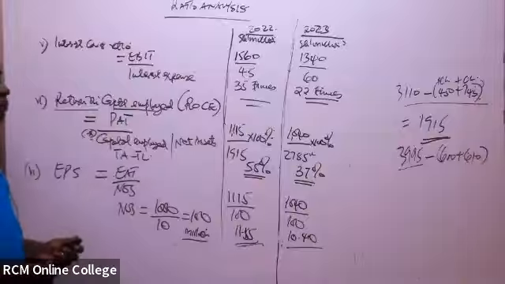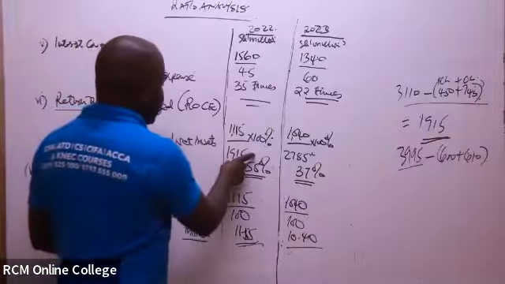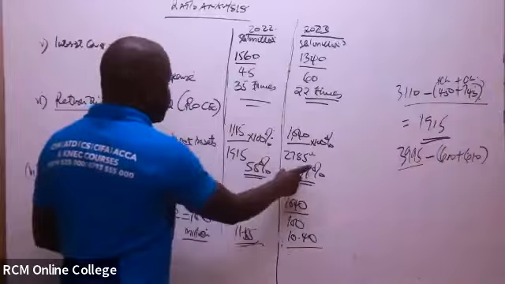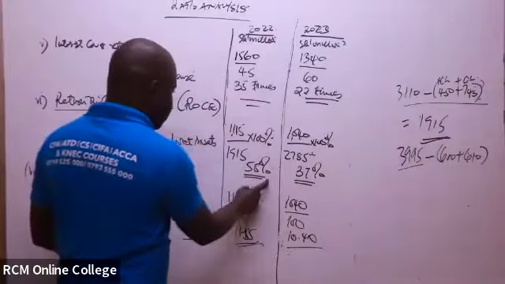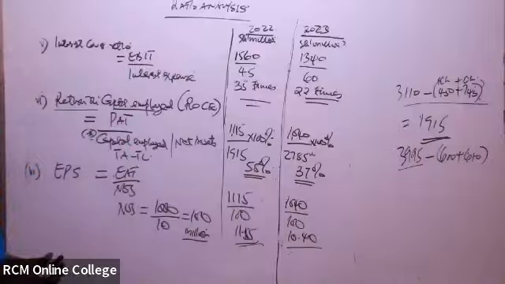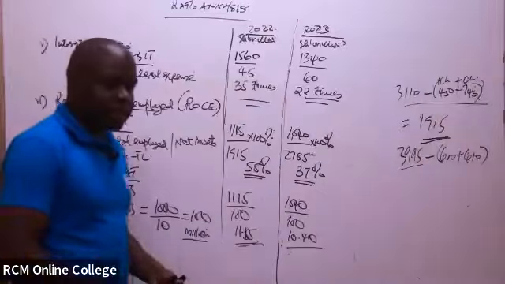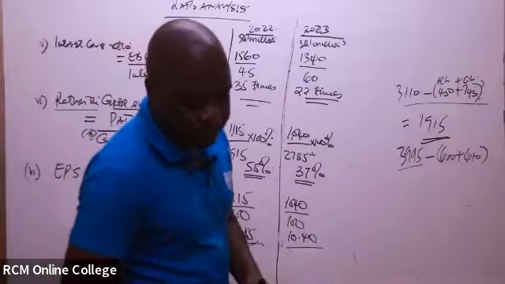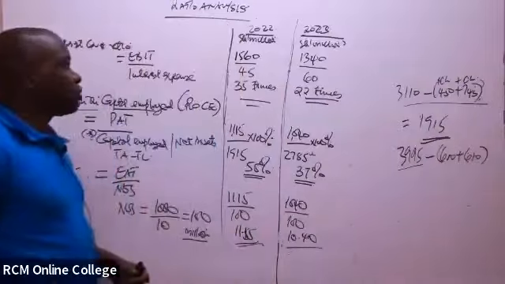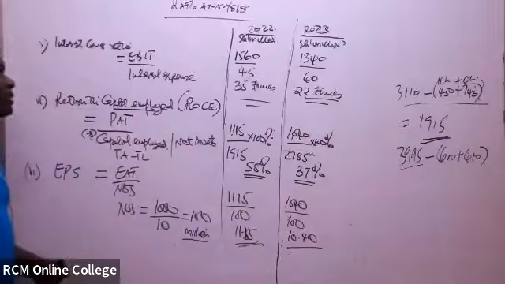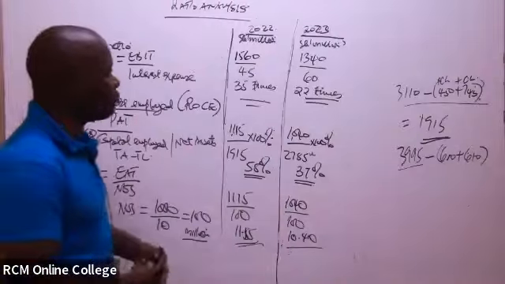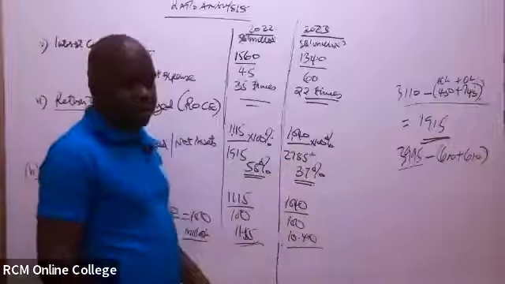The return on capital employed here means they adequately utilized their capital in 2022 compared to 2023, and therefore the return on the capital they employed was higher. Sometimes the examiner can call upon you to comment on the ratios. Remember, you're doing analysis of financial statements, comparing 2022 performance with 2023 by using ratios.